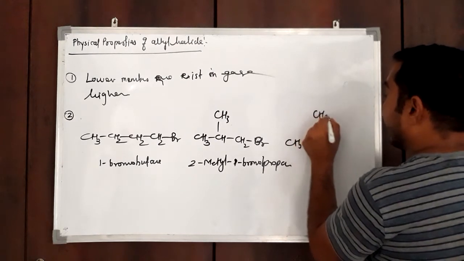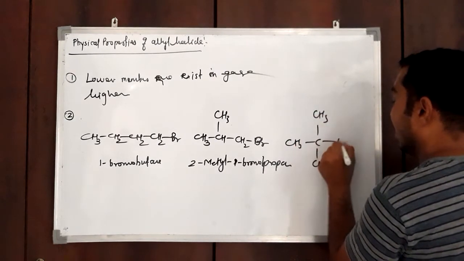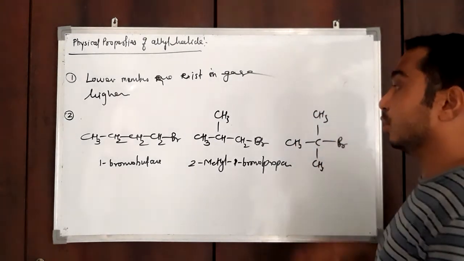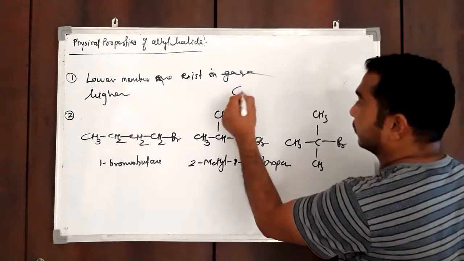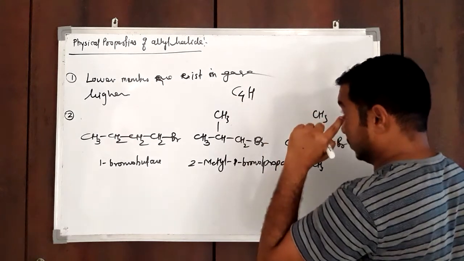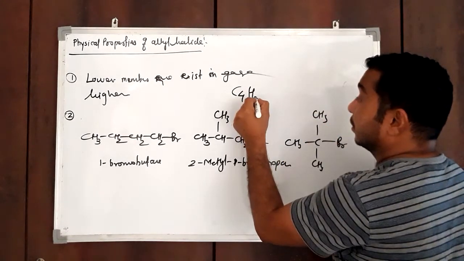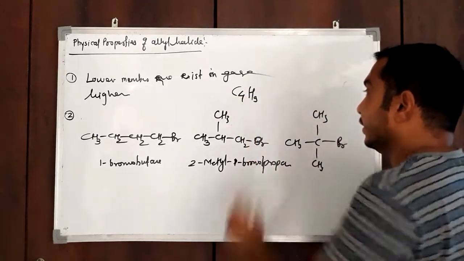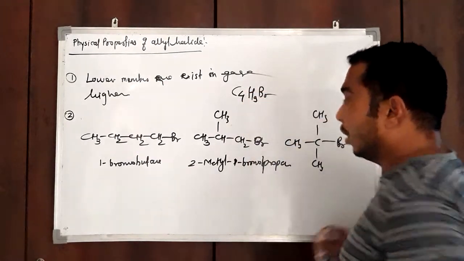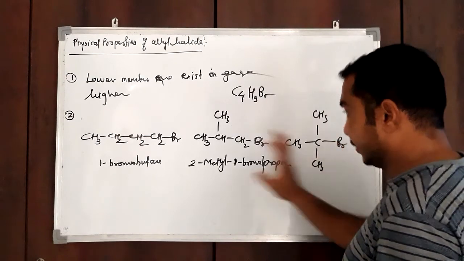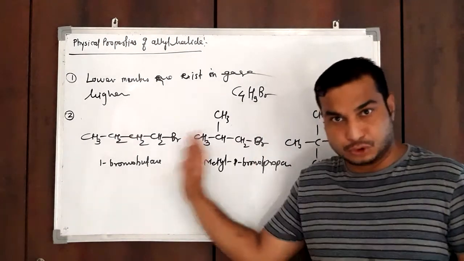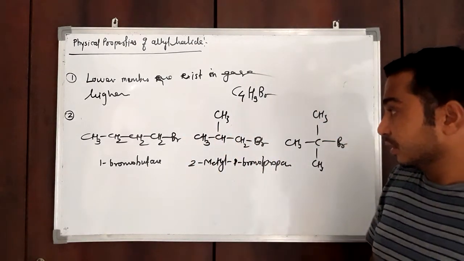See this. All these three have the same molecular formula, C4H9Br. All these three compounds have the same molecular formula but different arrangement. They are isomeric in nature, isomers of each other.